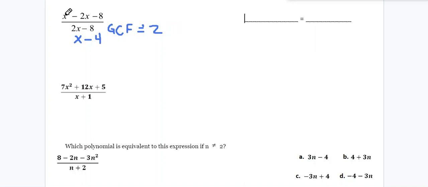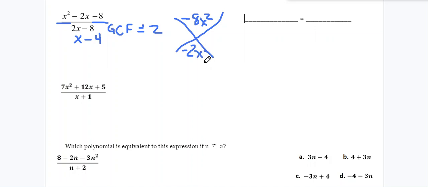Okay? All right, so from there, I'm going to factor this top one. So there's no GCF in the top, so I'm going to take my first term, this x squared, and my last term, that negative 8, and I'm going to multiply it, and I get negative 8x squared. And I'm going to say what times what gives me negative 8x squared, but adds to give me negative 2x. So let's think about this. What times what gives me negative 8?